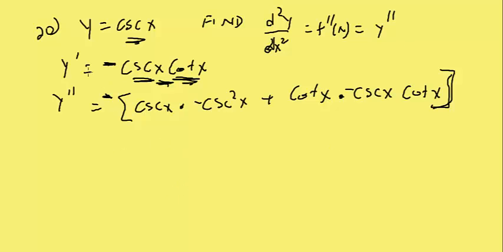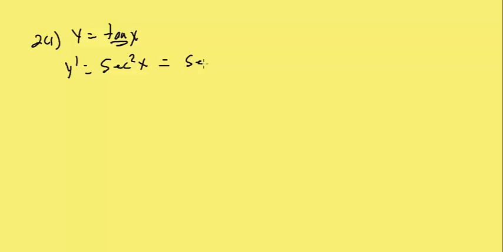Alright, let's do number 24, second derivative. So this is 24, and y is equal to tangent of x. The first derivative: the derivative of tangent is secant squared x. Well, secant squared is really secant of x times secant of x.